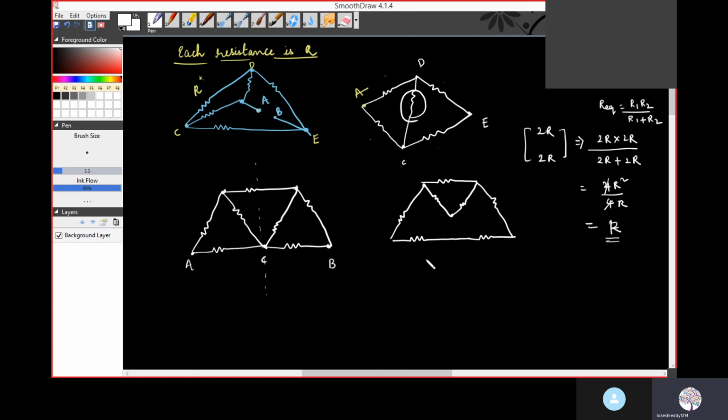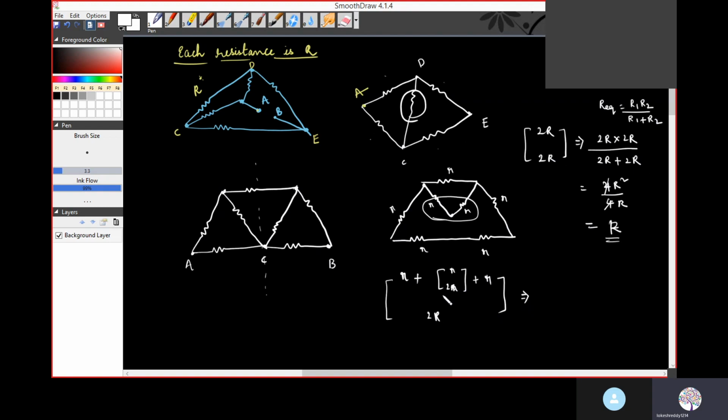The problem is easier now. So here this is R, this is R, this is R. So R and R is 2R in series. So this is 2R and R, and this is R, this is R, and this is R. Now here 2R and R are in parallel, plus R, and that is in parallel with R plus 2R plus R. So how much will you get here?